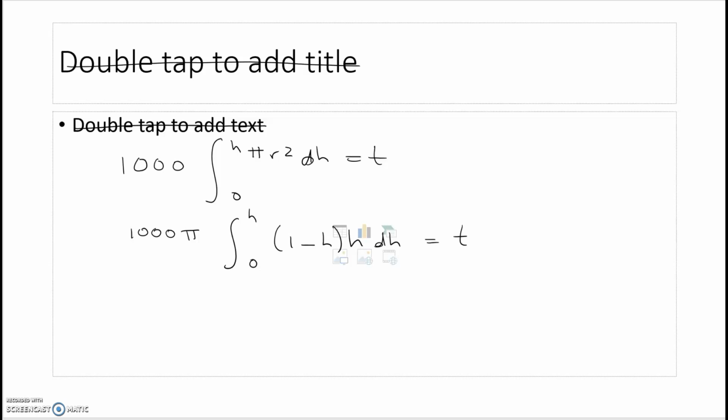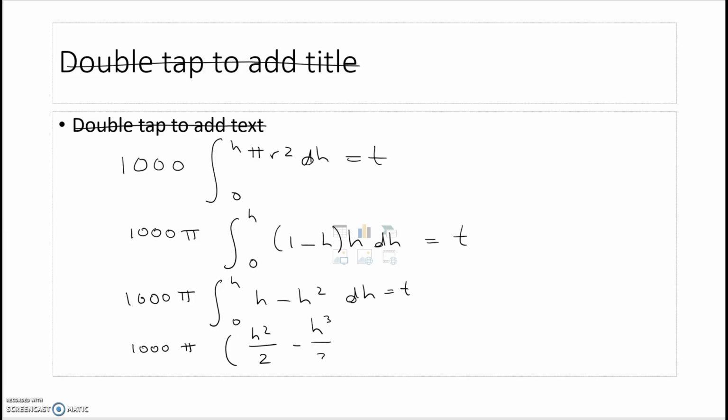So on the left hand side now we've got 1000 pi times the integral. We need to multiply it out, it'll be a lot easier. So we've got the integral of H minus H squared dH is equal to T. So 1000 pi times the integral of H is H squared over 2, minus the integral of H squared, which is H cubed over 3.